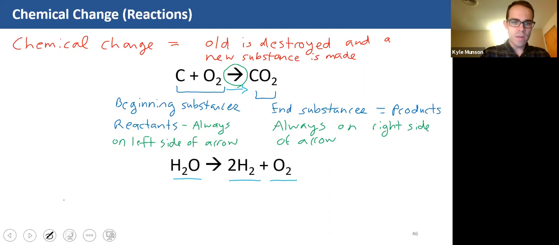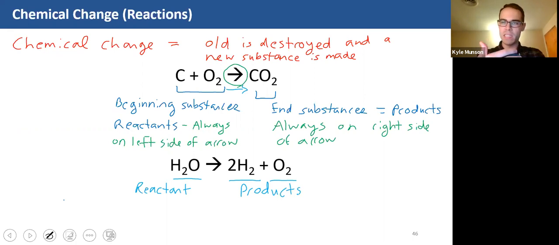So over here, water would be the reactant. And now in this case, we have two products, not just one. Okay, so that's just an example again of chemical changes or chemical reactions.